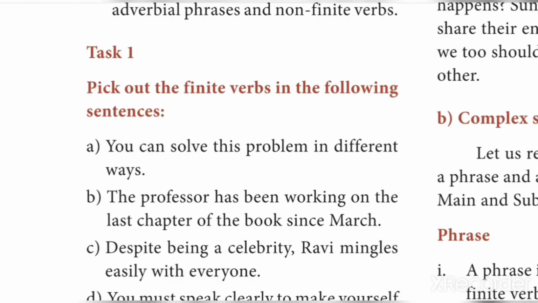Now, we have come to task number 1 at the page 122. The instruction is, pick out the finite verbs in the following sentences, and in sentence A, the finite verb is can solve, and in B, it is has been working, and in C, it is mingles.